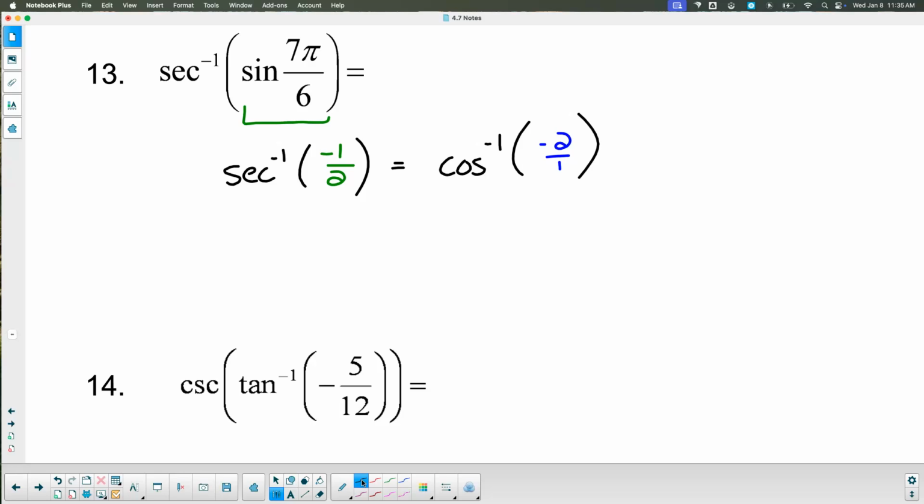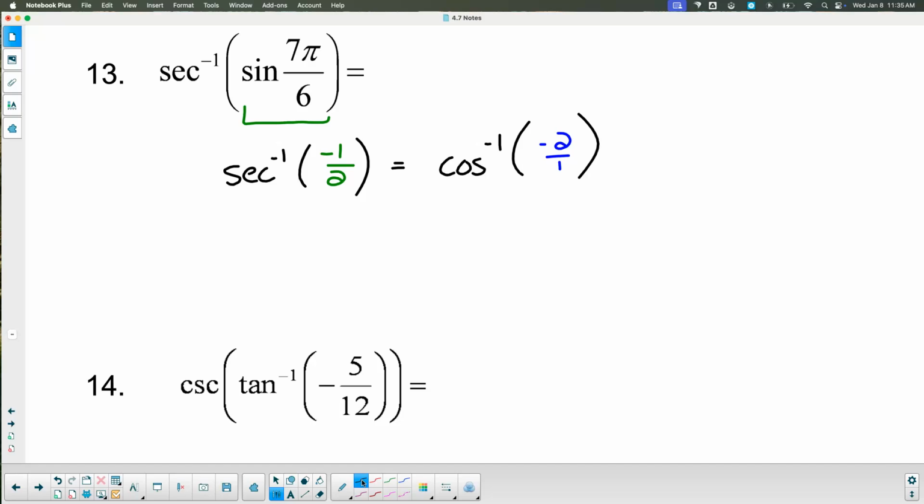Right? Where on the top half of the unit circle is cosine equal to -2? Nowhere, right?